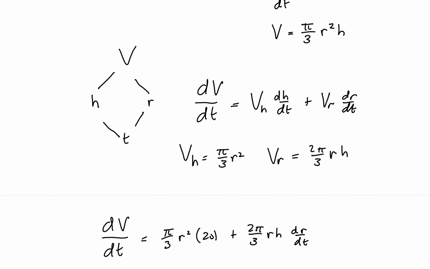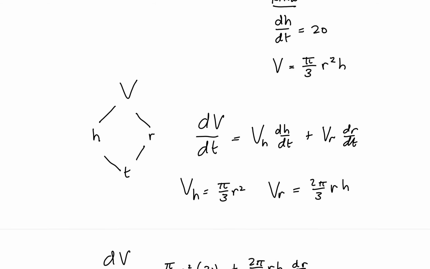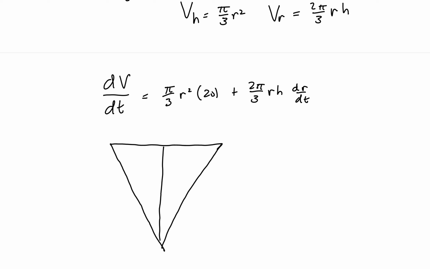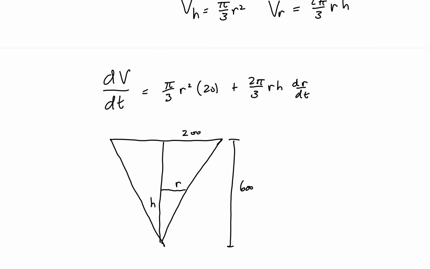We wanted our h to be 200, so we're eventually going to put in 200 for h. We need to figure out r and dr/dt. If we look at our cone again from the side, we can use similar triangles again. So this would be r, this would be h, and this is 200, and this full thing was 600.